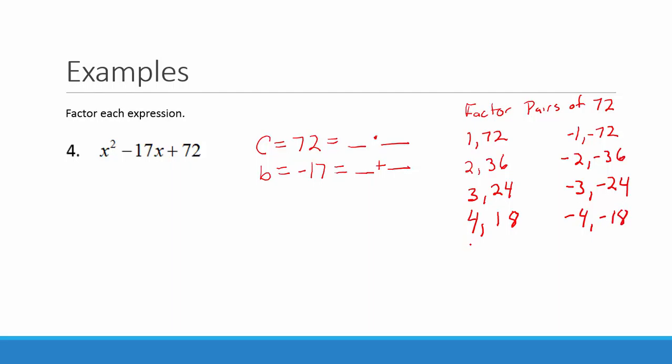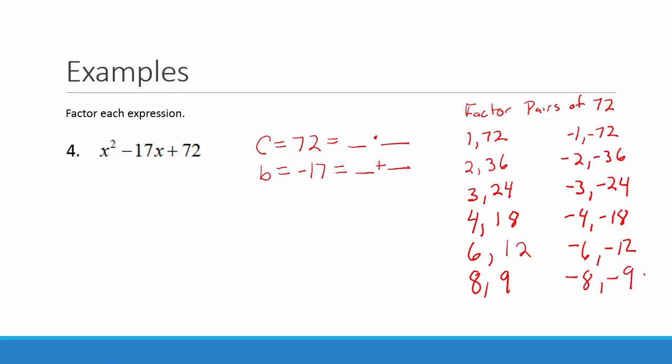5 does not divide 72, but 6 does. 6 and 12, and negative 6 and negative 12. 7 doesn't divide 72, and 8 divides 72. 8 times 9 equals 72, and negative 8 times negative 9 equals 72.